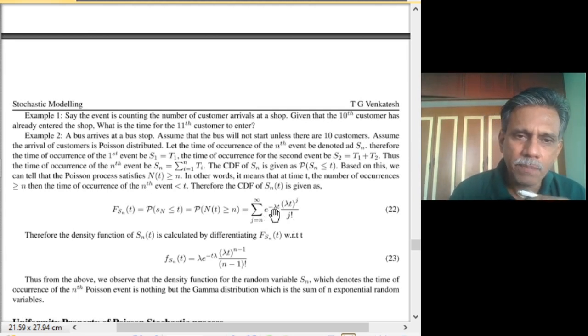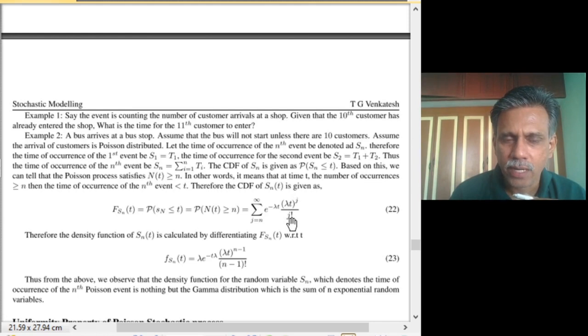If you keep one constant and differentiate the other, you will get minus lambda into e to the power of minus lambda t into this term. And if you differentiate the other factor, you will get j lambda (lambda t) to the power j minus 1 by j factorial. This j and j factorial will cancel and give rise to j minus 1 factorial. So you will have lambda (lambda t) to the power j minus 1 by j minus 1 factorial.